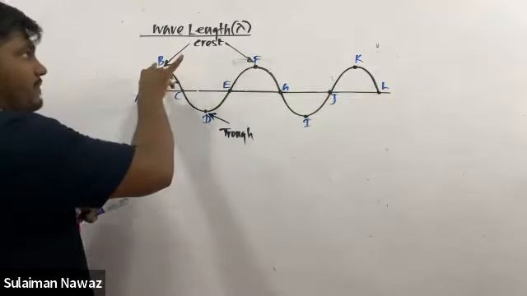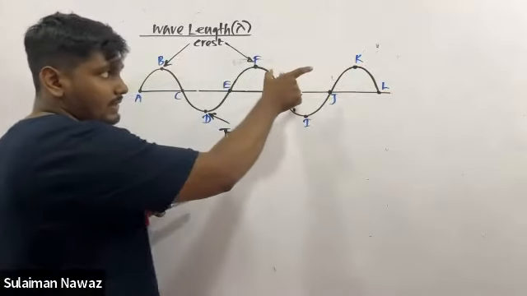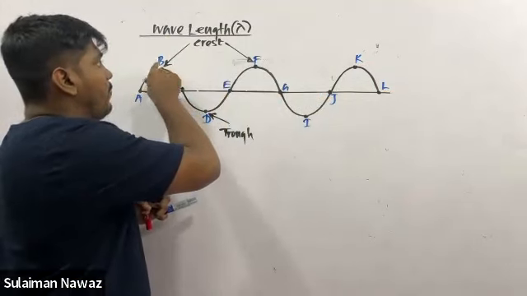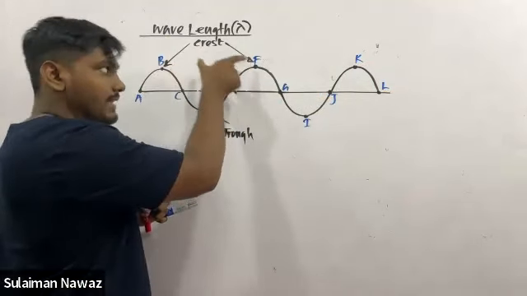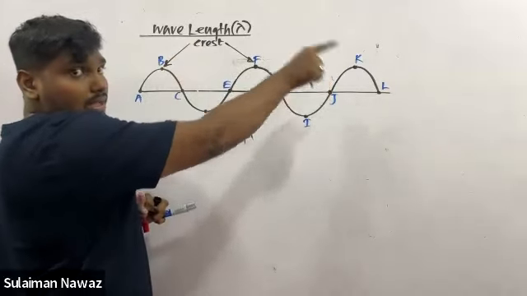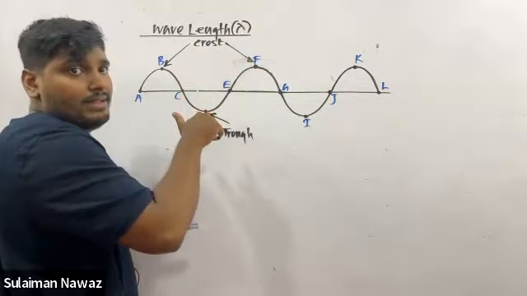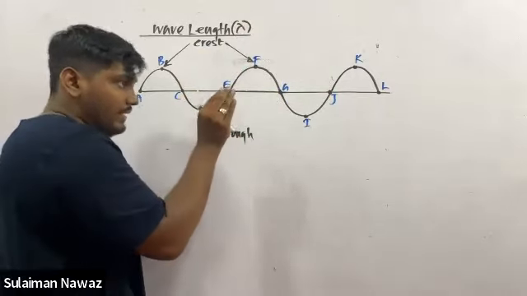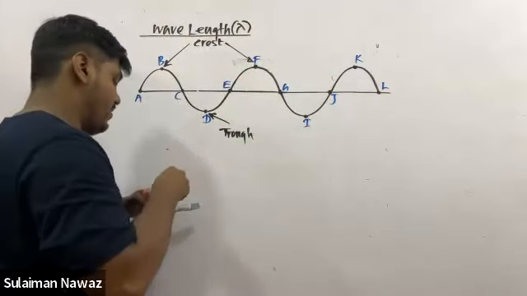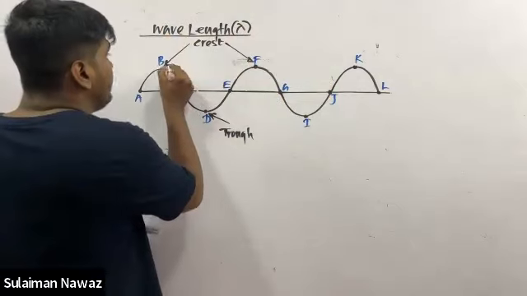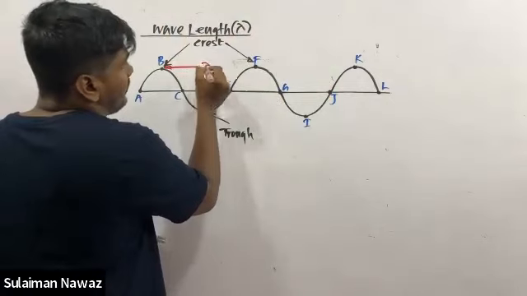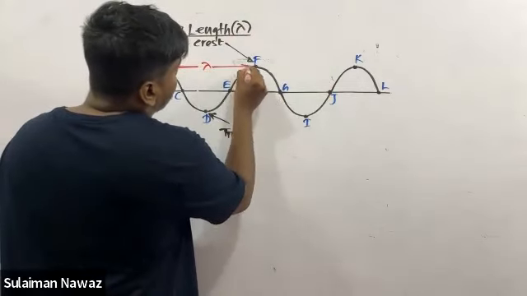Now look at it. Capital B, capital F, capital K, they are in same phase. Point capital B and point capital F are in same phase. Point capital B and point capital K also are in same phase. But wavelength is the distance between two consecutive, two adjacent points in same phase.